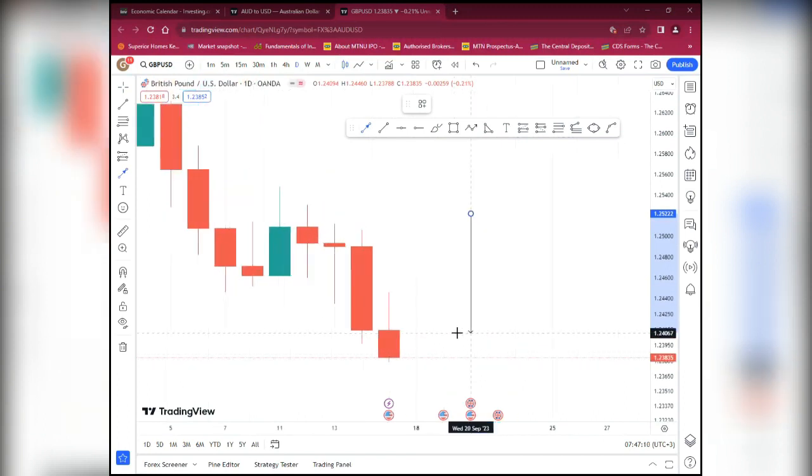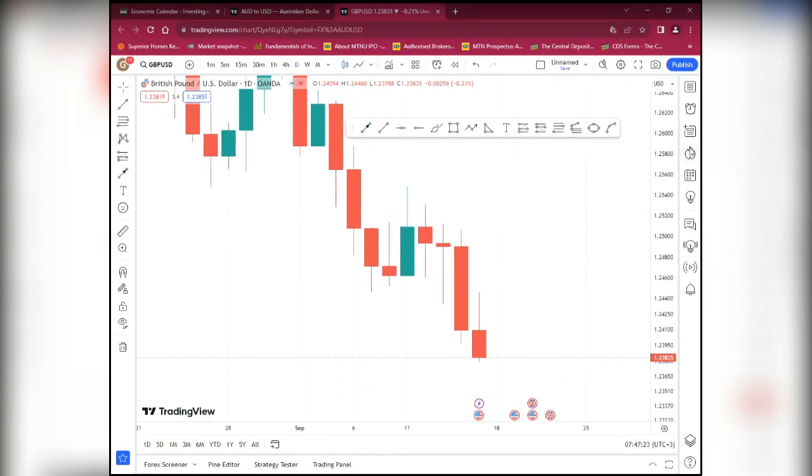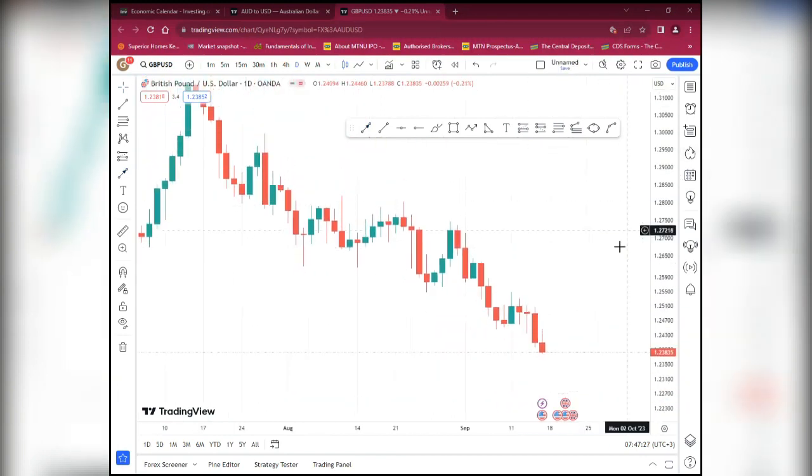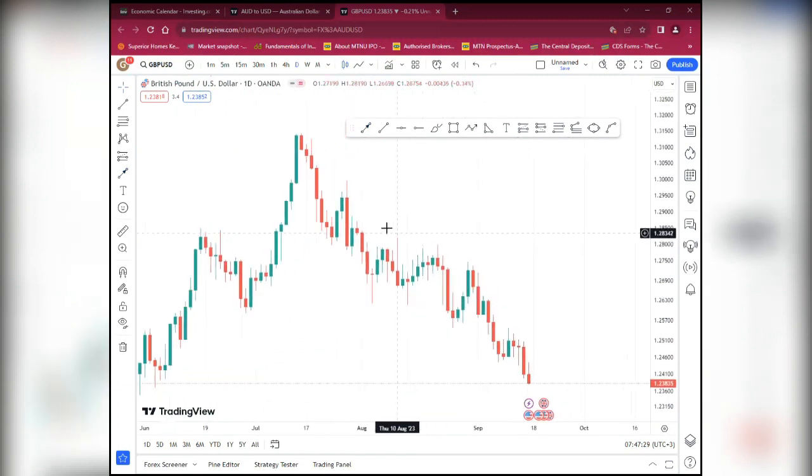We have a small wick down there, and then we have our closing prices at 1.23835. With this information, guys, you can navigate and understand price, how price was moving for a whole month.